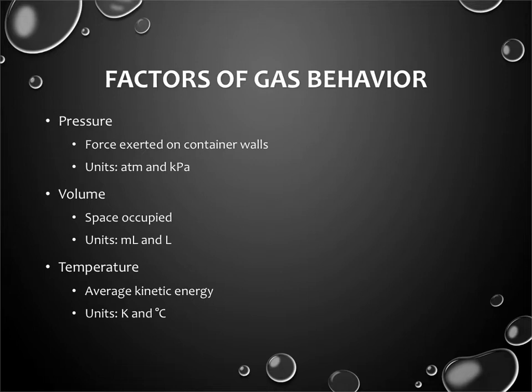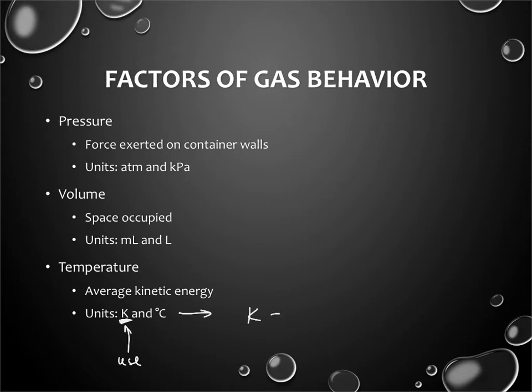Now for volume, there's milliliters and liters, and then temperature is Kelvin and degrees Celsius. For gas law equations and such, we're looking only at the Kelvin. We only use Kelvin. If you see something in degrees Celsius, you need to convert it to Kelvin. So how do we find the Kelvin?